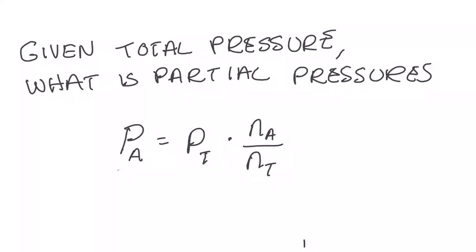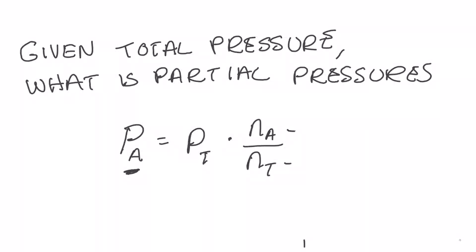If I want to know the pressure of a gas, let's just call it gas A, it's the total pressure times how many particles of A, in moles, there are compared to how many particles total. So the partial pressure of A equals the total pressure times the fraction of the number of moles of A compared to the total number of moles. And that will tell me the partial pressure of A.